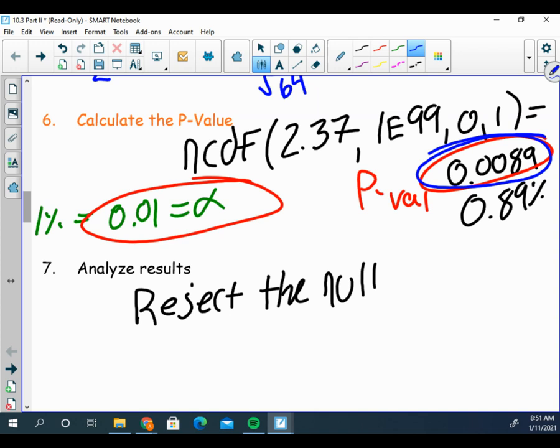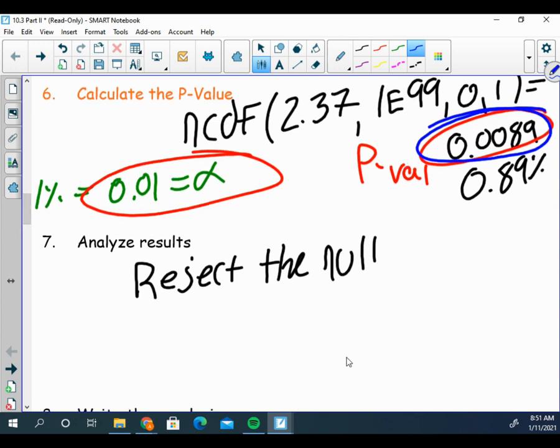Now, the minute our significance level goes below 0.89%, so if you, for some odd reason, tested at a 0.8% level of significance, now I no longer reject the null. That's why this method is a little better. I can compare it to any level of significance. So in this case, we would reject the null. Again, for now, I'm not going to get into the conclusion side of things. But that's the process of testing with a p-value.